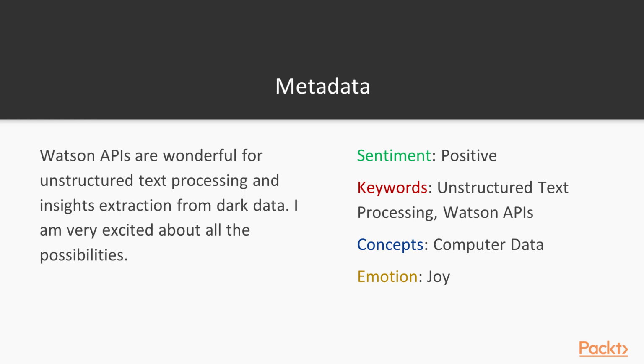But it also found that you are talking about computer data. Even though computer data is not explicitly mentioned in the input text, it can find that this text is referring to this abstract concept. So this is very useful for processing text, classifying it, and maybe doing some advanced analytics. And finally, we find that I'm transmitting a joy emotion in the way I am writing this text.